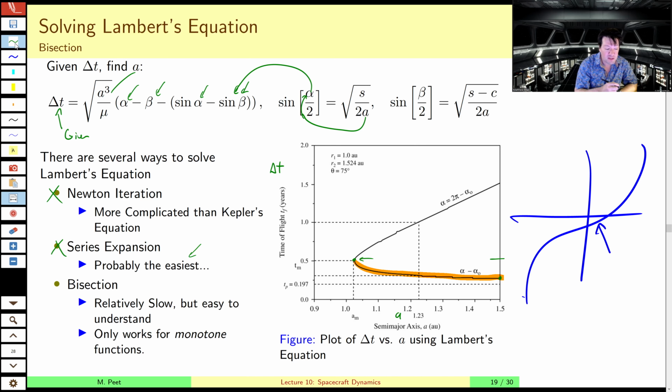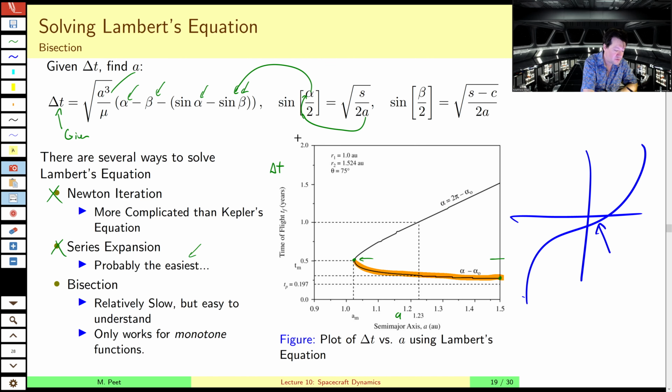Generally speaking, you want to get somewhere relatively fast, and so it makes sense to find the shortest arc. Of course, if your desired transfer is not on the short arc, you can apply the methods for a longer arc, but you have to reverse some of the steps, and I'll mention that when we get to the actual algorithm. So again, these are limitations of this approach inherent in the algorithm.